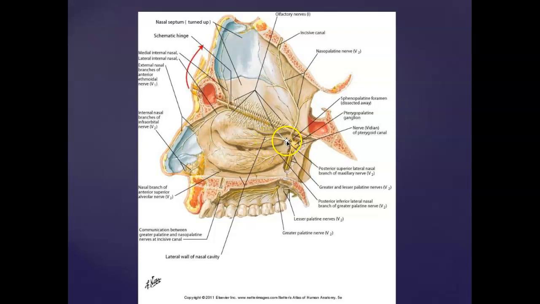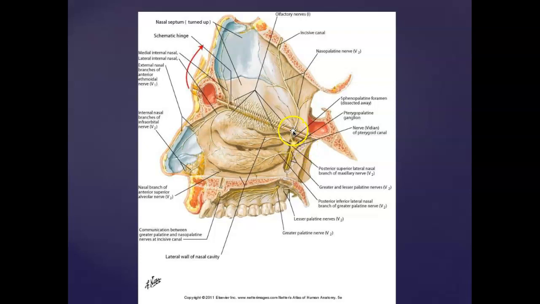If you go straight back from there, I would encourage you to take a blunt probe. The bone is very thin here, and you can punch through it a little bit, break through it with the blunt probe. You can take some forceps and remove some of those pieces of cracked bone as well, and see if you can find and expose this pterygopalatine ganglion. Okay, now off of that, we're going to see a few things.